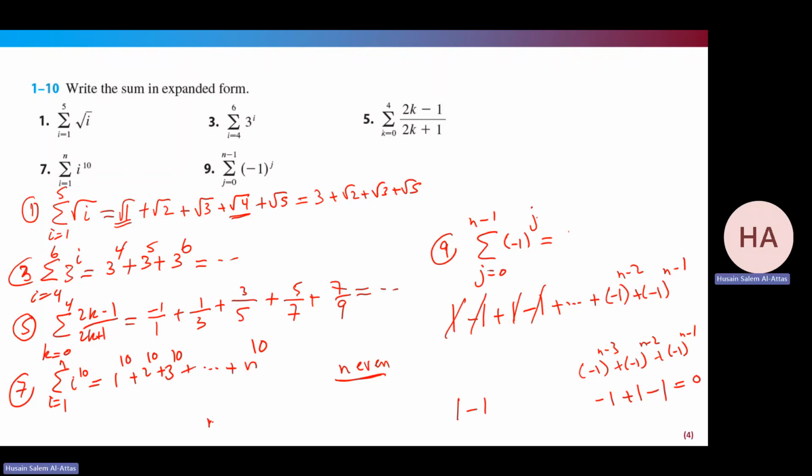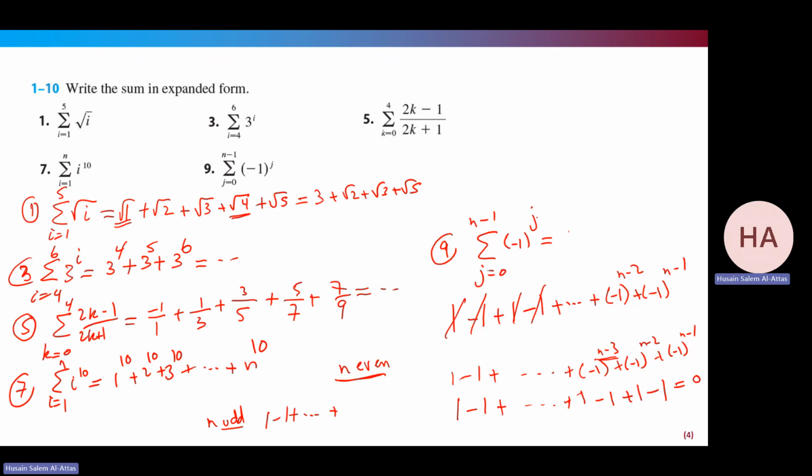If n is odd, where will I stop? If n is odd, this is coming like this, 1 minus 1 plus blah blah blah. Okay, so this is cancelled. For sure I have 1 here. If n is odd, my last one is odd, so the answer will be 1 minus 1 plus blah blah blah.